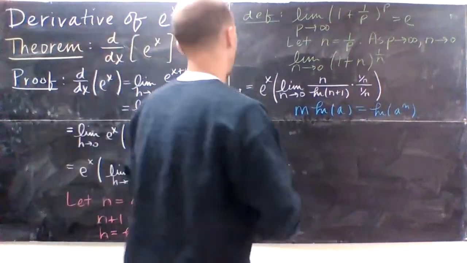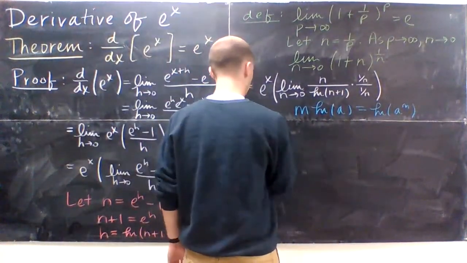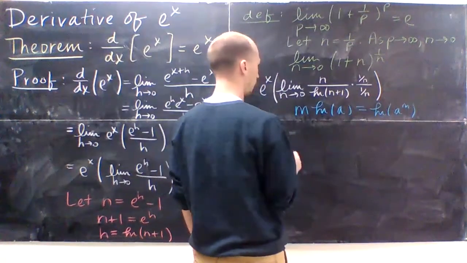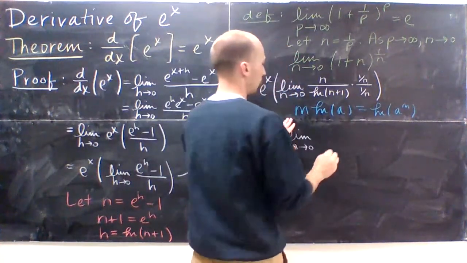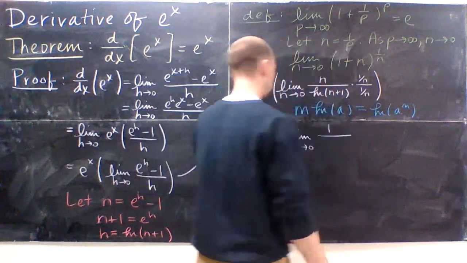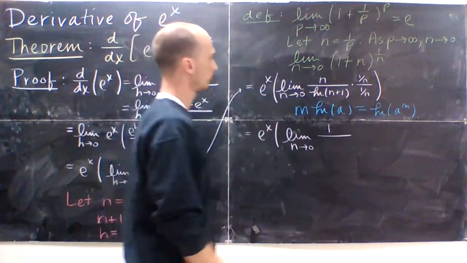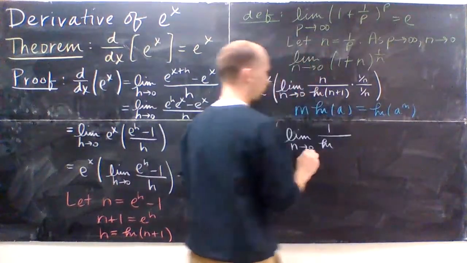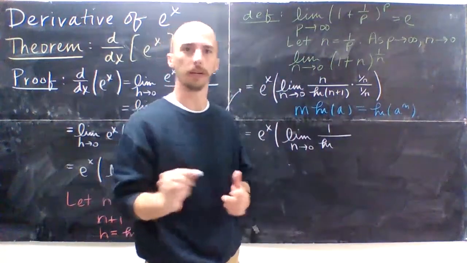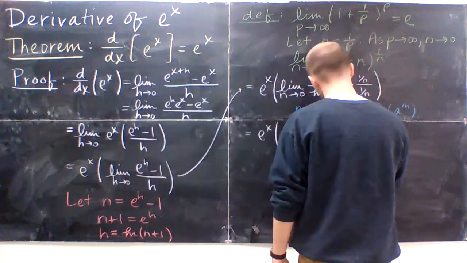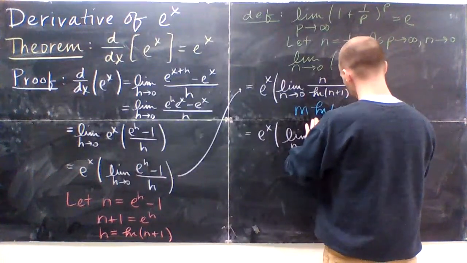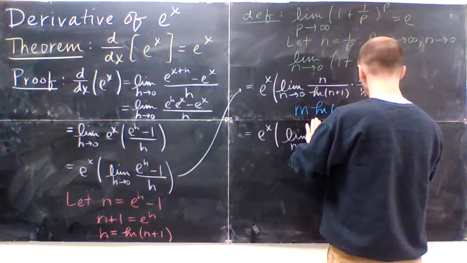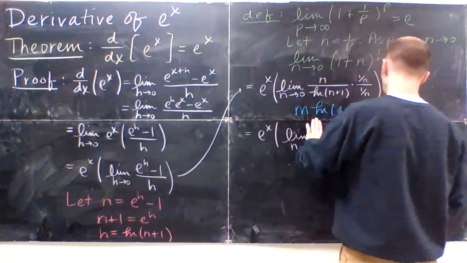So I'm going to write this now as e to the x times the limit as n goes towards 0, one more time, of, in the numerator I have 1 over the natural log of n plus 1 to the 1 over n power. And now you should start to see where I'm headed. The log of, what is it? Maybe I'll call this 1 plus n to the 1 over n power.